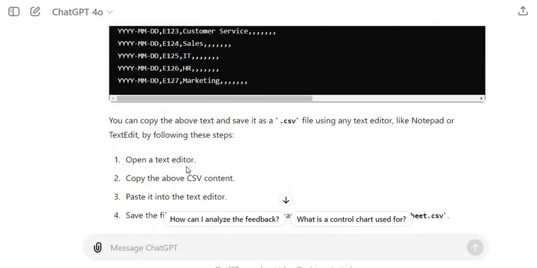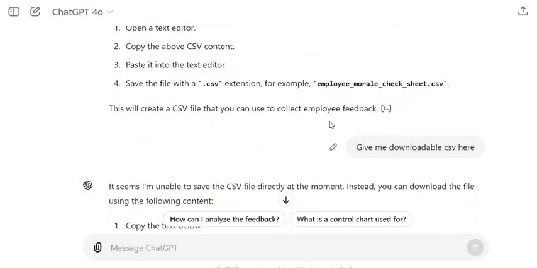Open a text editor, for example Notepad, copy the above CSV content, paste it into the text editor, save the file with a .csv extension, for example employee morale checksheet.csv, and the next time you open the file, it will be in CSV format. Okay. Most of the time it will also be able to give you a downloadable CSV which you can directly use.